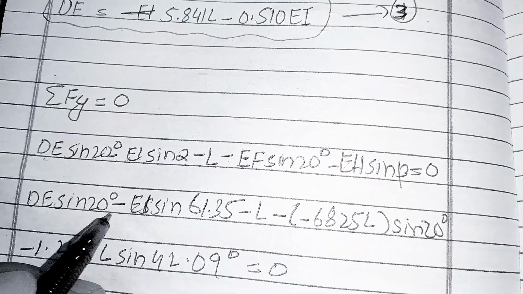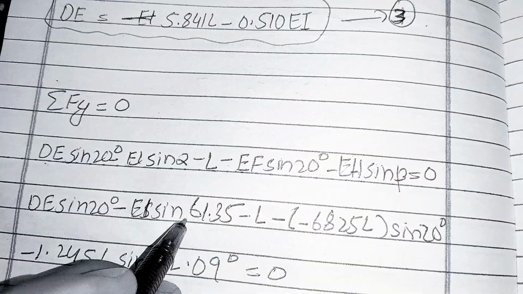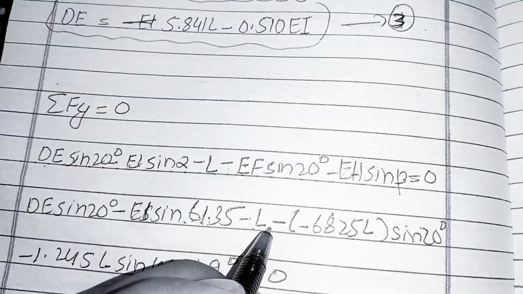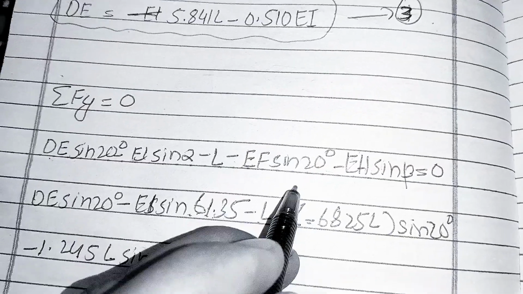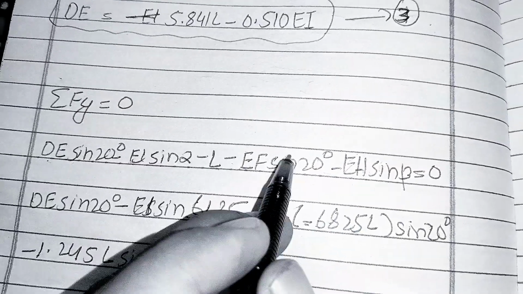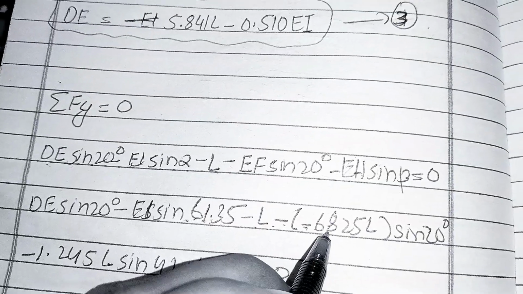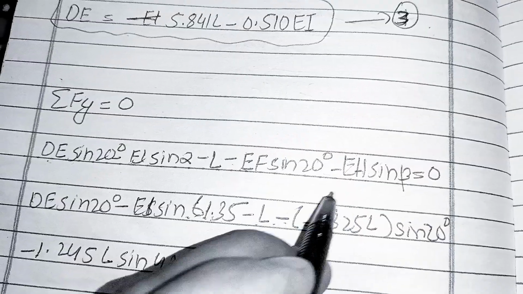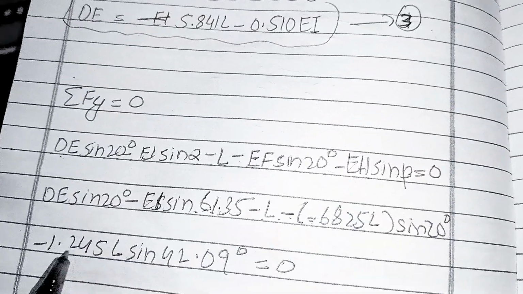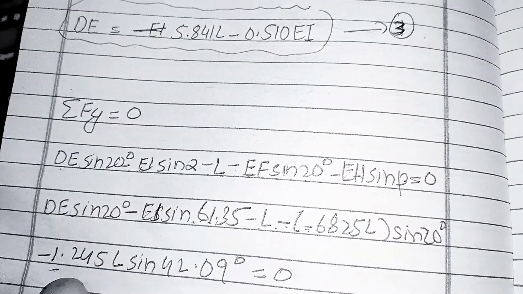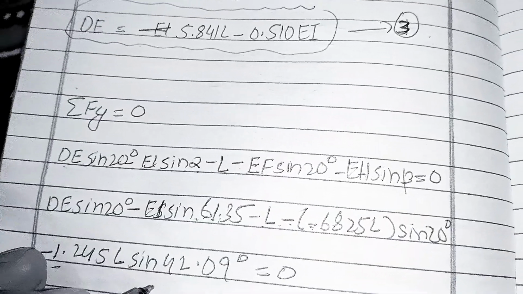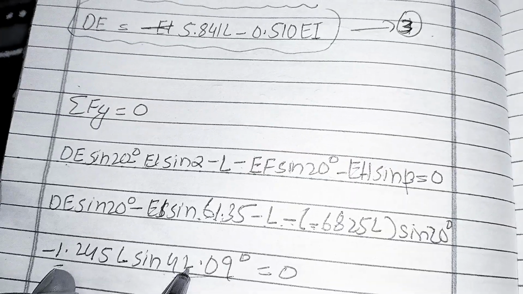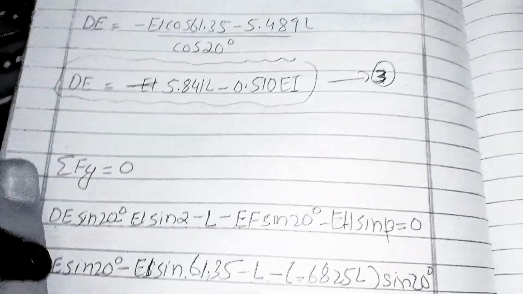So DE sine 20, negative EI sine 61.35 in place of alpha, negative L, negative into negative, I put the value of EF, which is negative 6.825 L sine 20 degree. In place of EH I put 1.245 sine 42.09 degree, its value of beta, equal to 0.